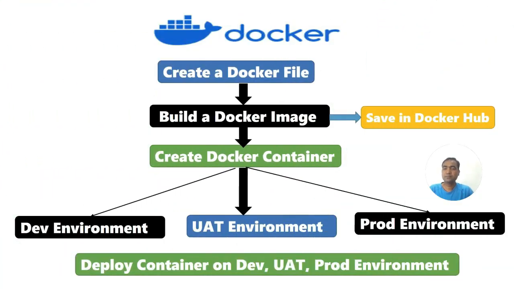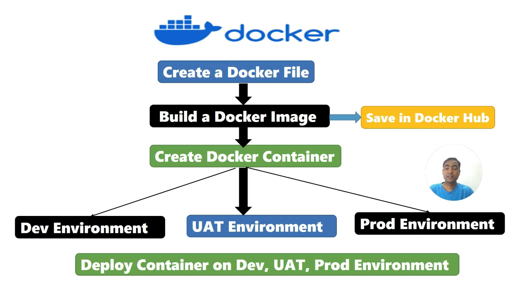Guys, in this session, I am going to explain the concept of Docker. First of all, I'll explain what is Docker, what is Docker file, what is Docker image, and how to create a Docker container in Google Cloud Platform. As you can see here, first of all, you can create a Docker file, then build a Docker image and store it inside the Docker registry or Docker Hub.